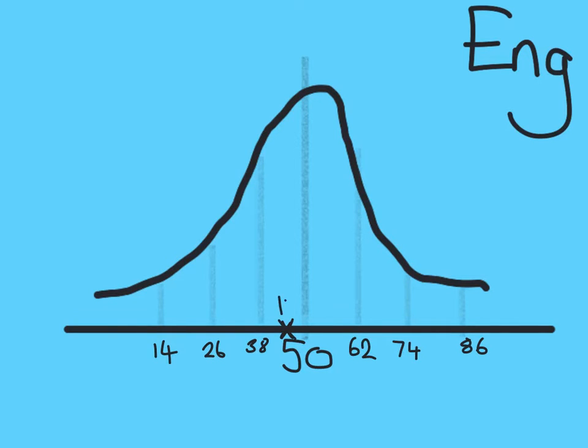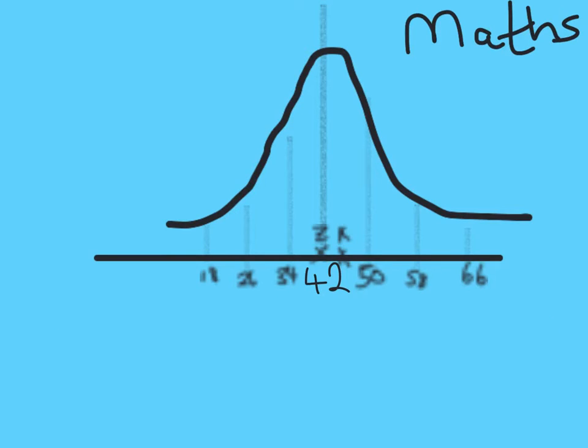That's Carwyn. And Zach got around 55, which is around here. Zach. So that's what they would look like, and I'm going to do the same for maths. Okay, and that's what Zach and Carwyn's results would look like for maths. If you notice, Zach got exactly the mean there, 42.